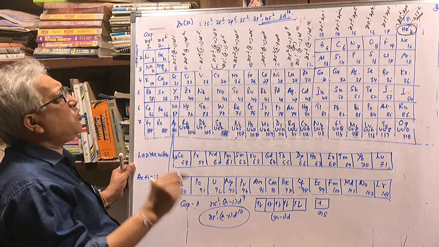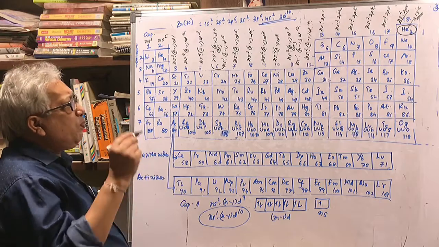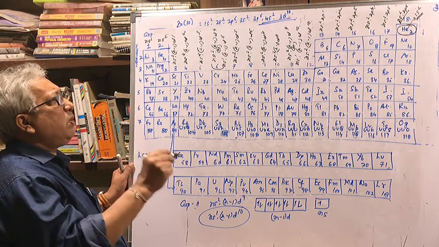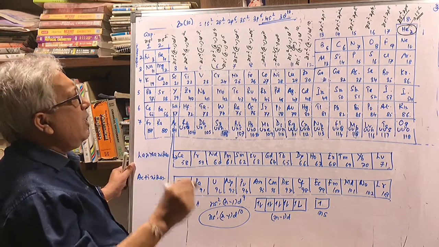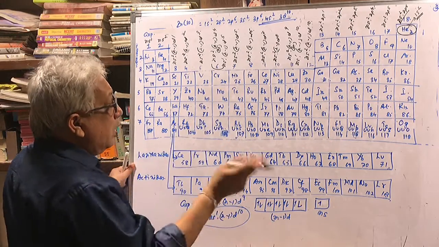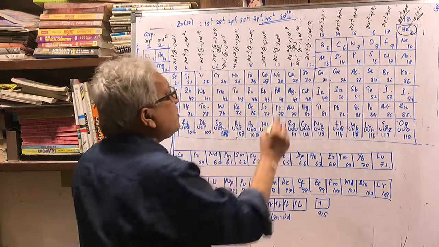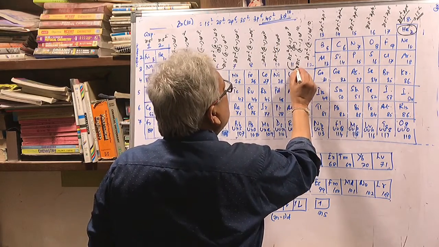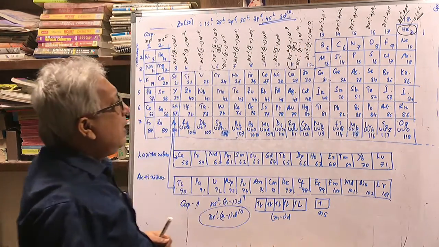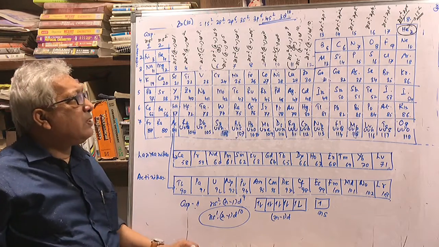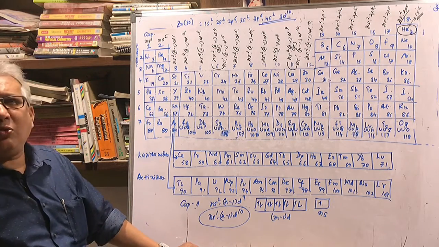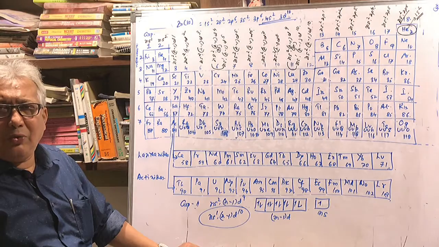Group 8, ns2 (n-1)d6. Group 9, ns2 (n-1)d7. Group 10, ns2 (n-1)d8. Now group 11, originally ns2 (n-1)d9, but for stability it changes to ns1 (n-1)d10. And group 12 is ns2 (n-1)d10. Is it okay with you?